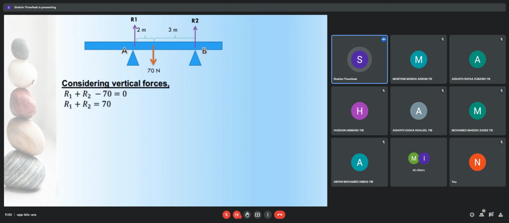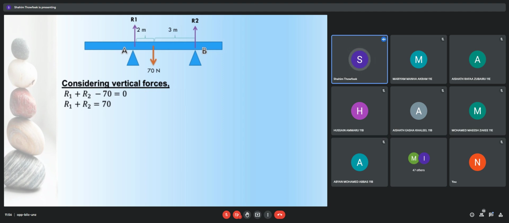Okay, considering vertical forces. I am considering upward forces as positive. Then what are the upward forces here? Normal contact force R1 and normal contact force R2. Those two are positive forces. Then the weight is acting downwards. It is R1 plus R2 minus 70 equals 0 because the object is in equilibrium.